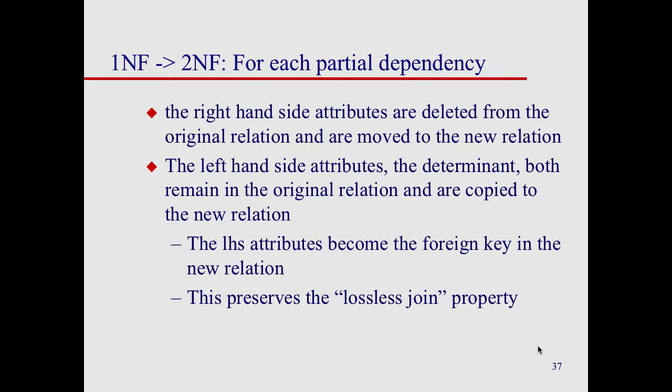And the left-hand side attributes, which are the determinant for that partial dependency, they stay in the original relation and they show up in the new relation as well. Okay? And this also preserves the functional dependency because all the attributes in the functional dependency move as well.